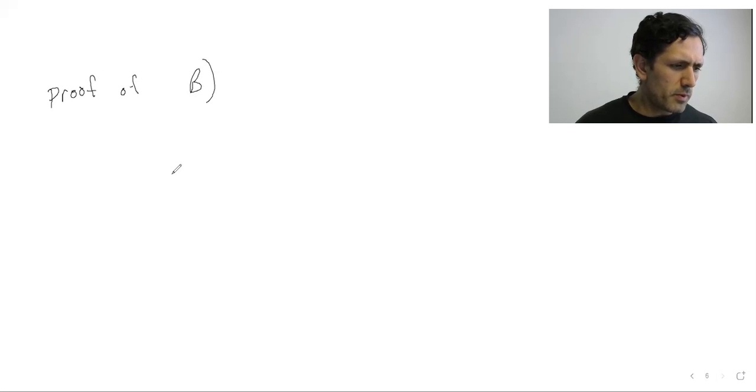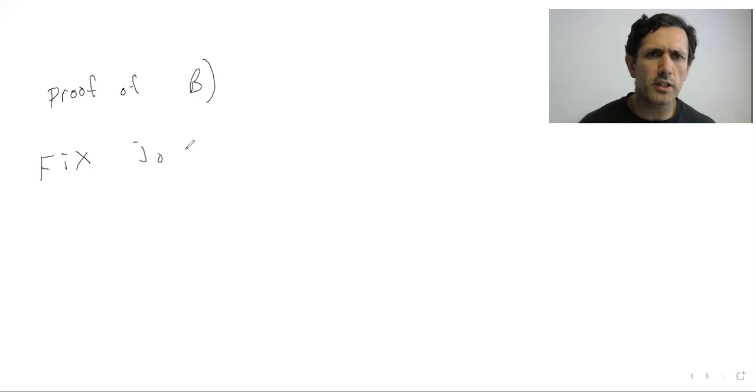Okay, so the proof of B is as follows. Let's pick epsilon bigger than 0. You have to be a little careful here. So fix J0, a natural number J0.